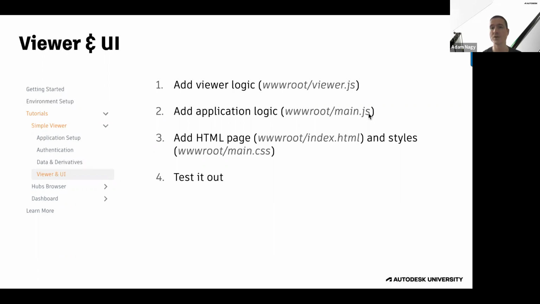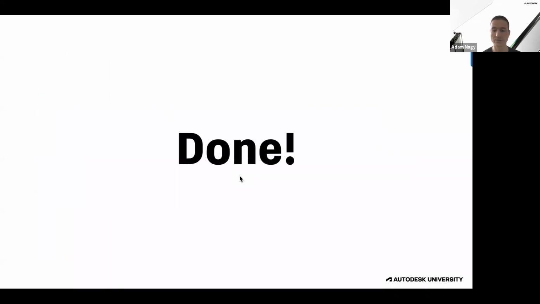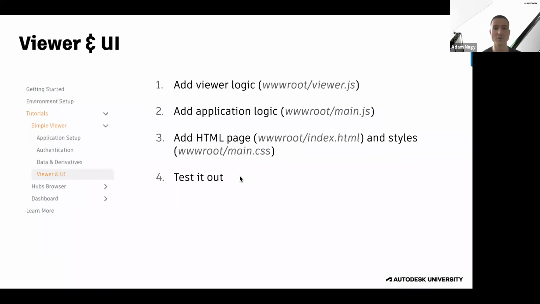Then we have the main.js, which will also include things like subscribing to the events related to the dropdown, for example, so that when you select a different model, then we are going to be loading that into the viewer. And of course, adding the HTML page, index HTML, and the related styles in main.css. So that's all we are going to be doing.